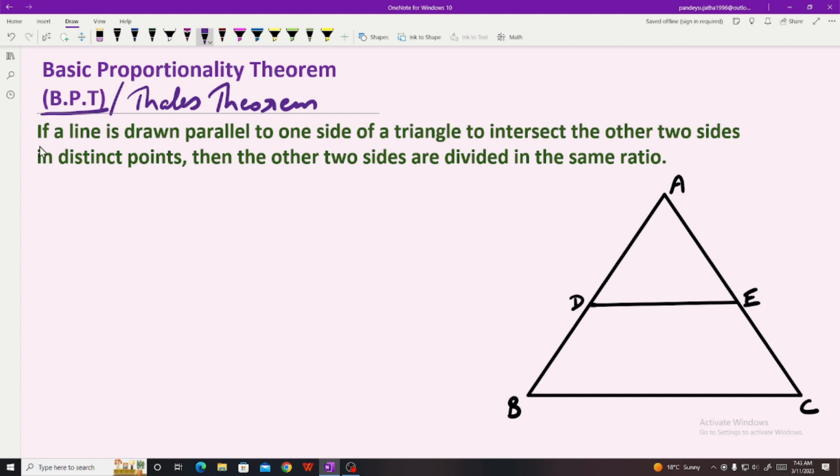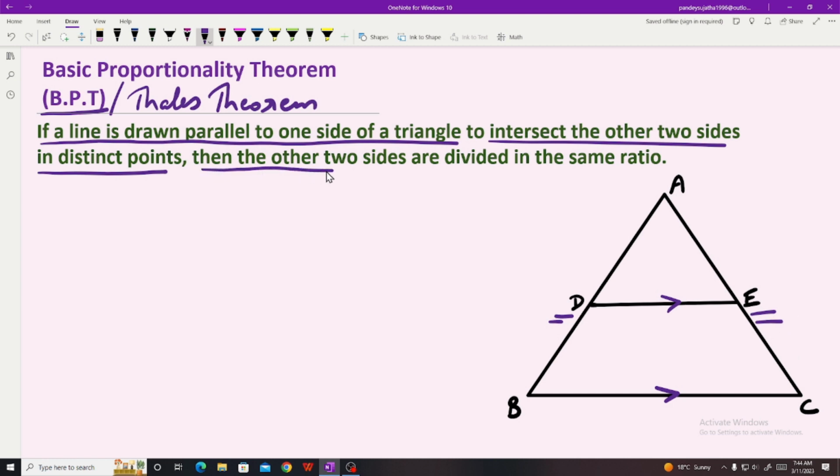So the BPT theorem states if a line is drawn parallel to one side of a triangle, that is if DE is drawn parallel to BC to intersect the other two sides in distinct points, that is AB and AC at distinct points, that is D, E. So it means DE is intersecting AB and AC at points D and E.